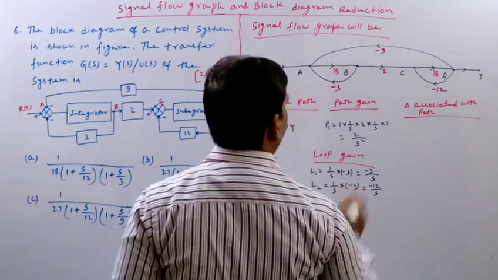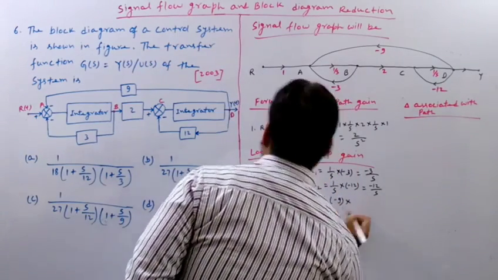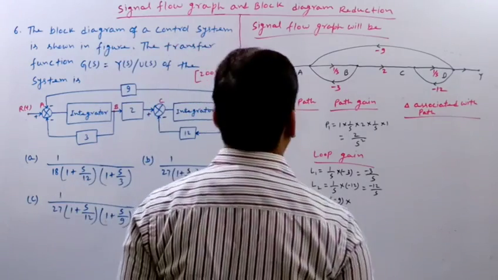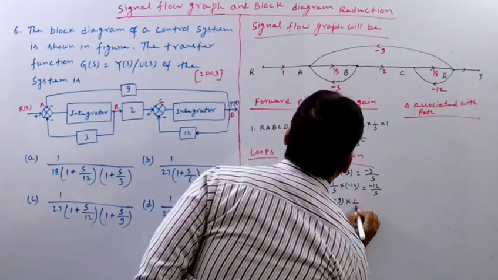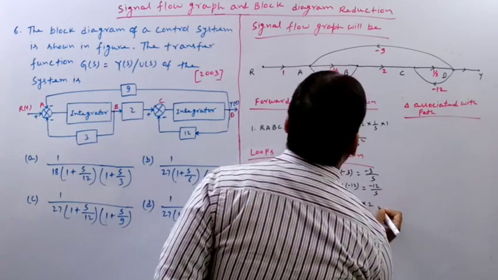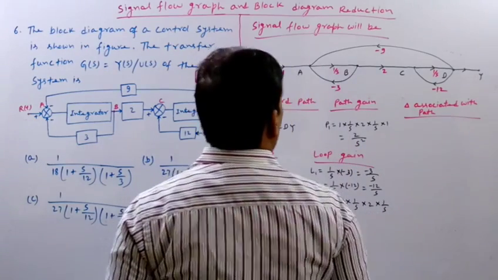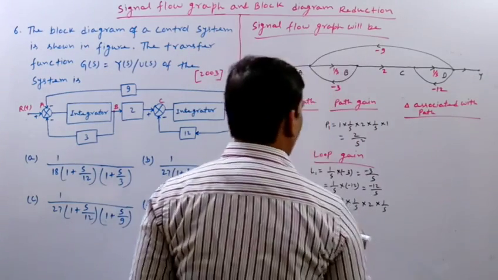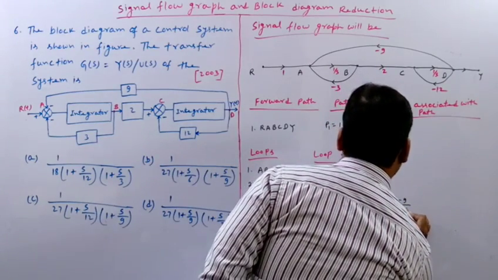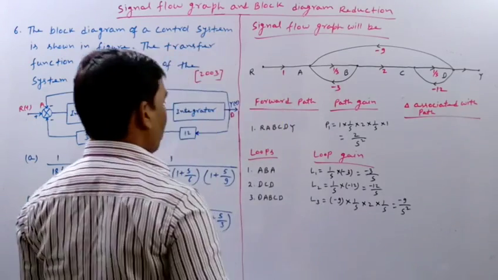So L3 will be DA -9 multiplied by 1 by S, multiplied by 2, multiplied by again 1 by S. So how much will it be? It will be -9 by S square. Let us see whether any more loops are there or not.